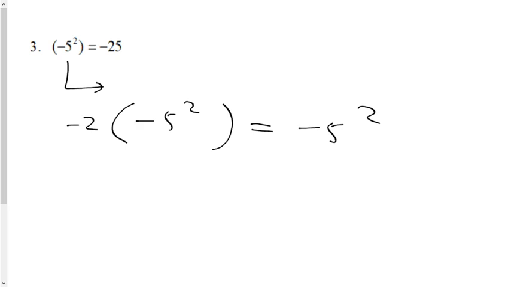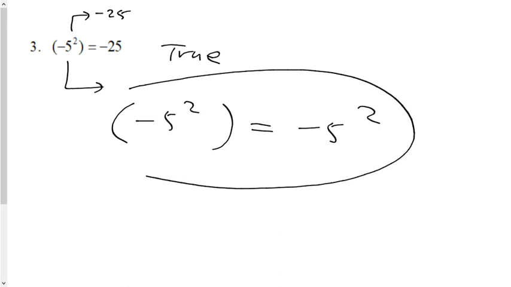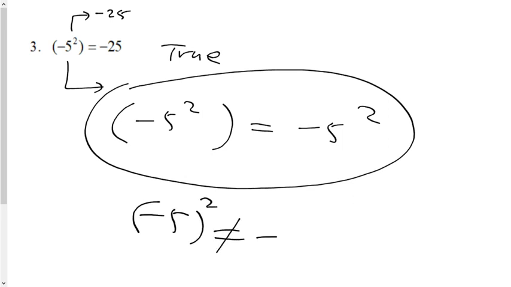So sometimes we use brackets that way. So this is actually equal to the opposite of 5 squared. So it's actually equal to negative 25. And therefore, our answer for this one is true. They do have the same value. So you just got to remember that this here is true, but this here is not true. They're not equal. Does that make sense to everybody? Okay.